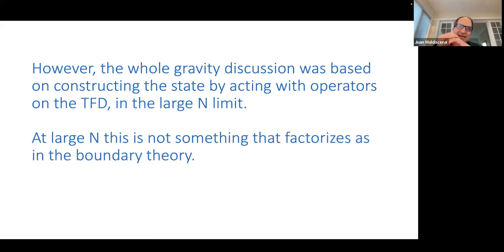And in the large N limit, we don't really have something that factorizes in the boundary theory. So in some sense, the whole construction of the thermofield double Hilbert space is not something that clearly factorizes in the boundary theory into two factors. So somehow if we use a construction that is only valid in the large N limit, then we cannot ask this question about factorization in the macroscopic theory.